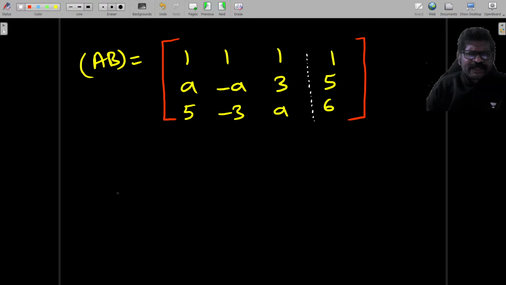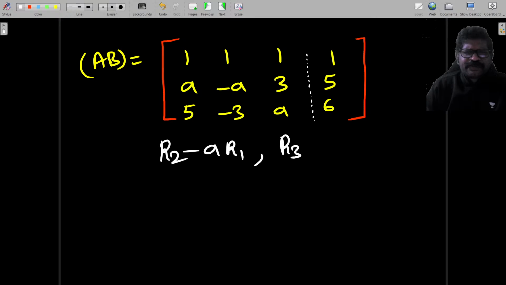Now apply the operations R2 minus aR1 and R3 minus 5R1.